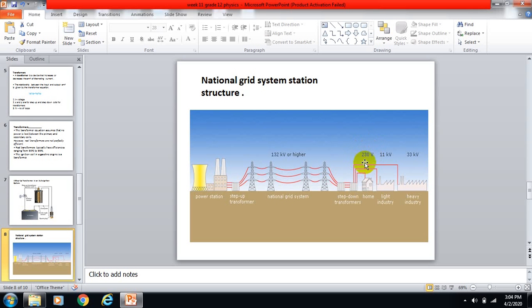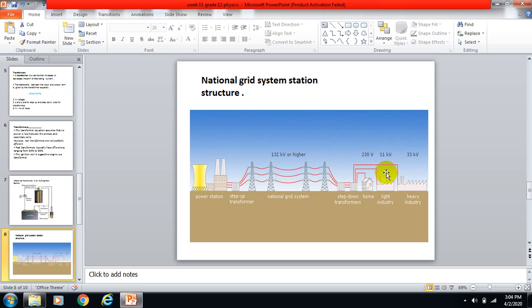For the home we have 230 volts only, but for light industry, the small semi-industry, it is 11 kV, kilovolts. This is a bit higher than domestic use.